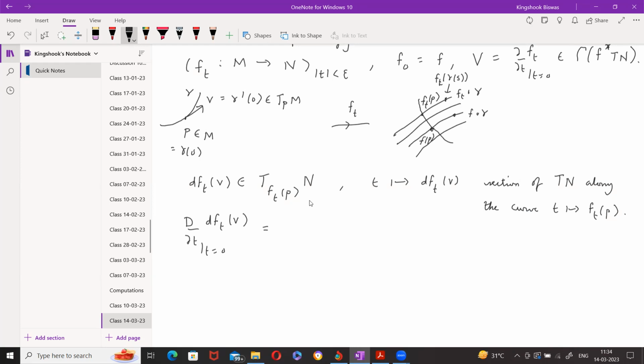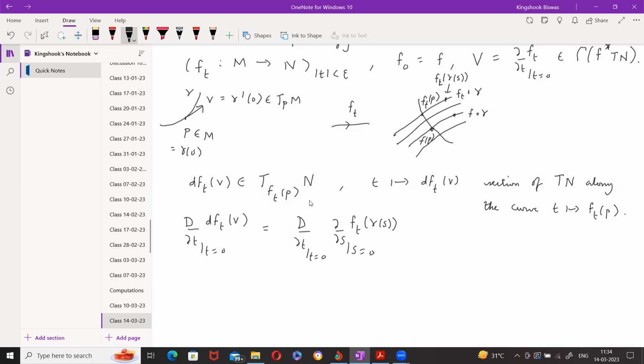So by the chain rule, dft of V I can write as del S at S equal to 0 of Ft of gamma S, right? This is by the chain rule. And then outside I have this d del T at T equal to 0, right? This is just by the chain rule. Is this clear?